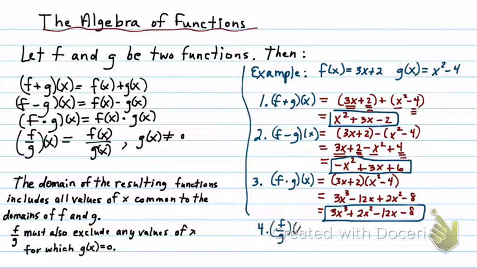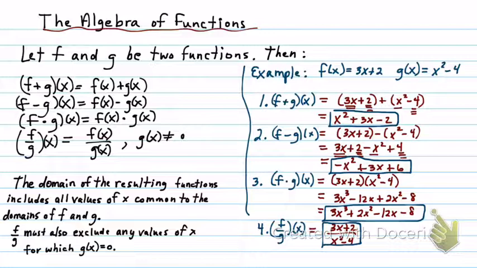Let's look at division. So we get 3x plus 2, which is f(x), over x squared minus 4, which is g(x). Now remember, with division we have to watch out. Actually, I'm sorry, we have our answer here. We'll find the domain next.